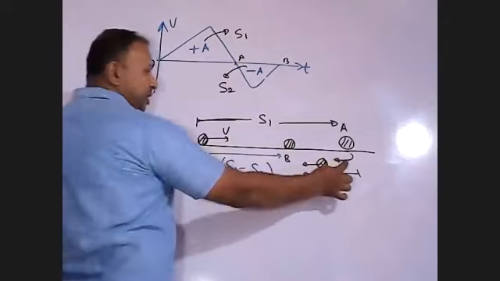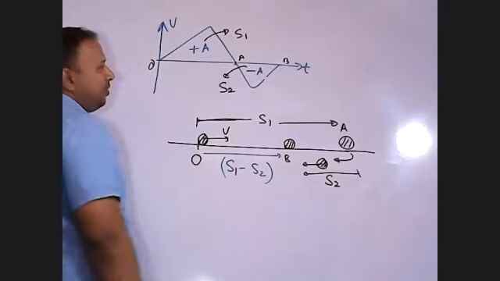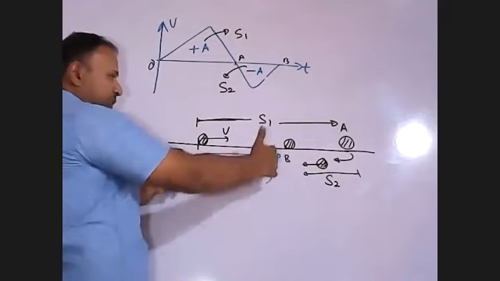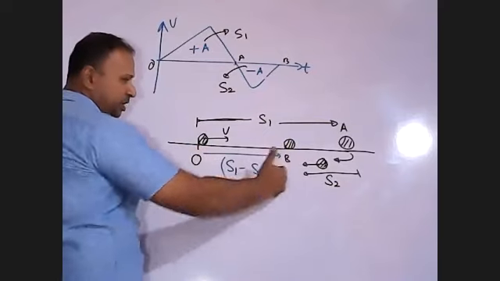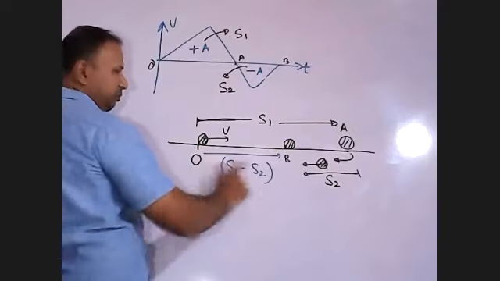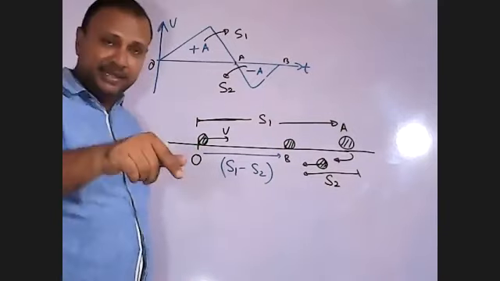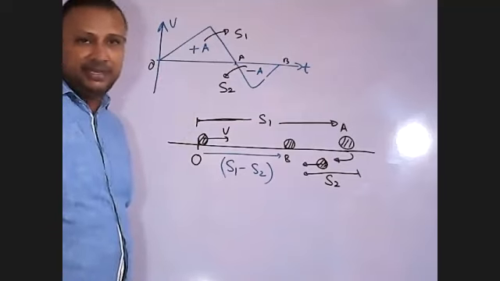Now the object is at point B. So the total displacement means from here to here, so it should be S1 minus S2. That is the reason behind minus area and plus area.